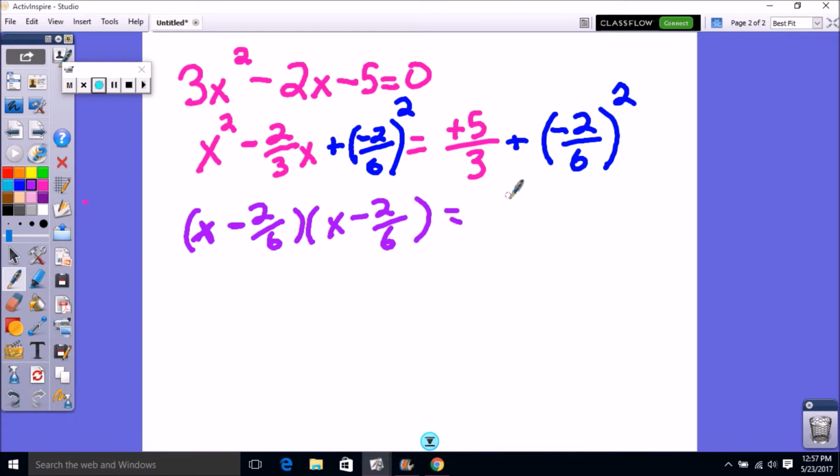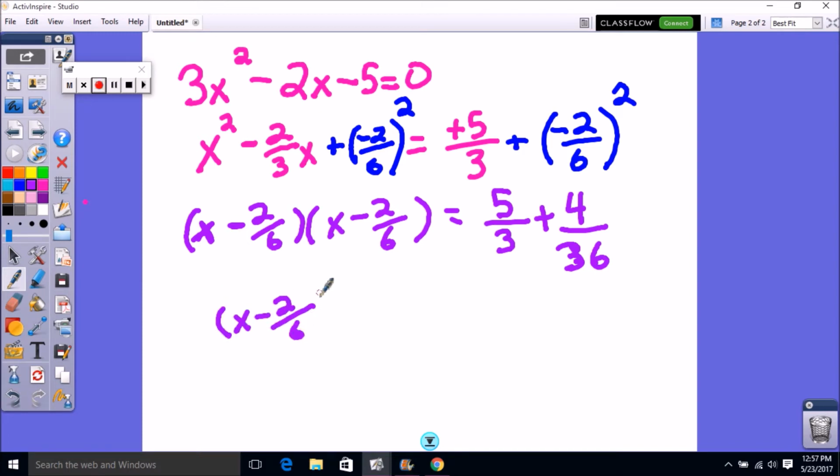Okay, over here I have 5/3 plus 2 times 2, and 6 times 2, 6 squared. Okay. Now over here I can turn this into x minus 2/6 quantity squared.